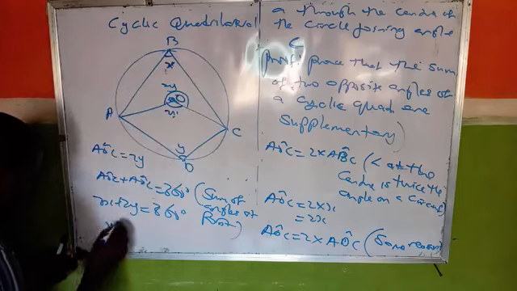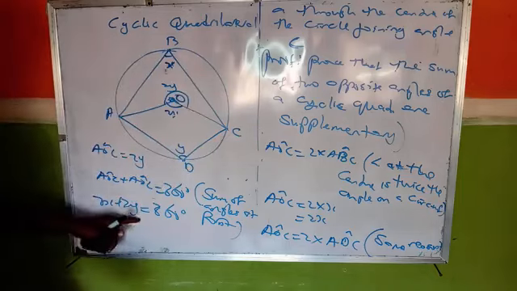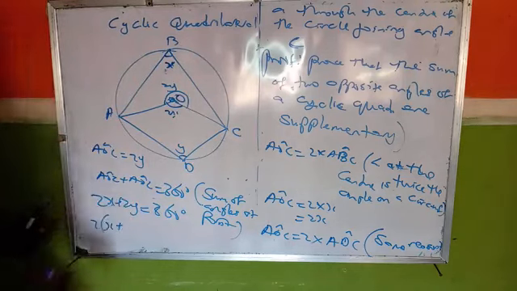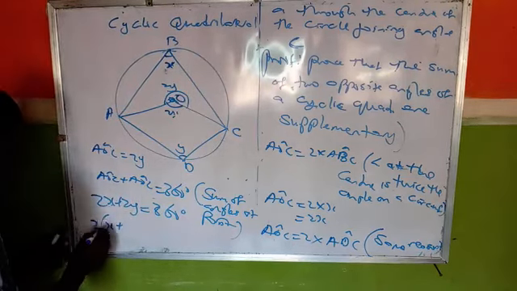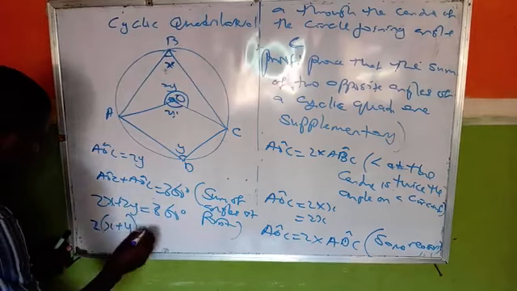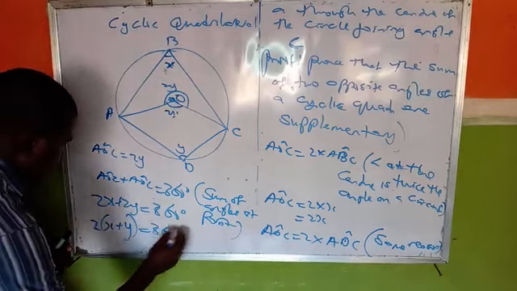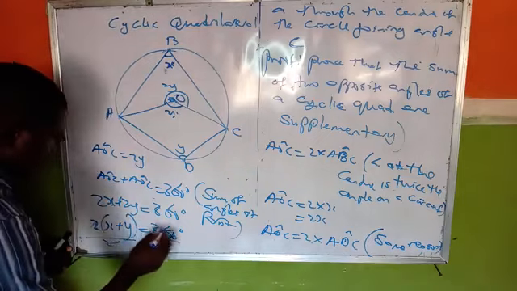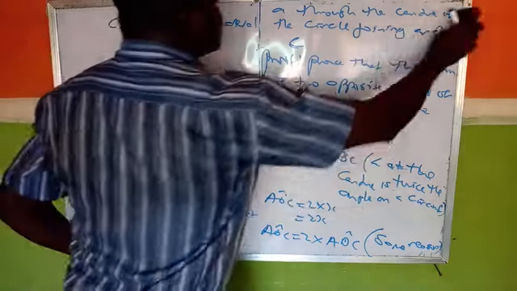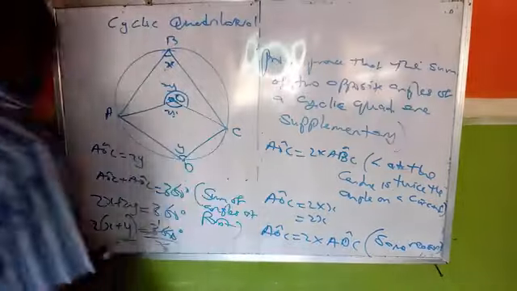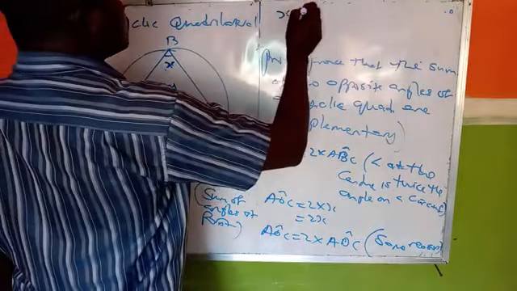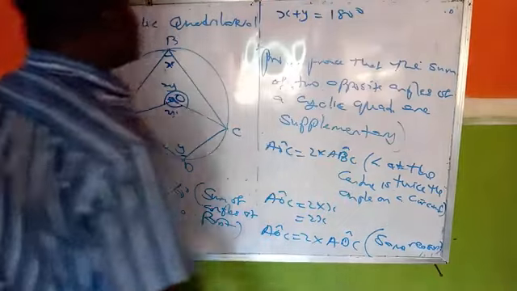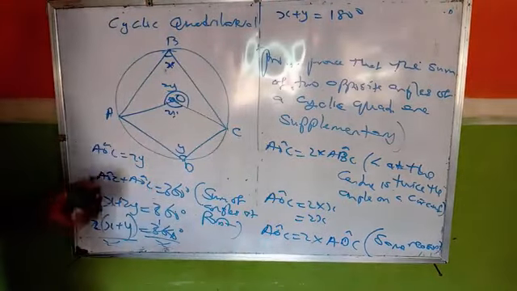So if you factor out 2, you have 2 times x plus y equal to 360 degrees. So you divide this one by this. That's 180. So here you will have x plus y equal to 180 degrees. So you prove it.